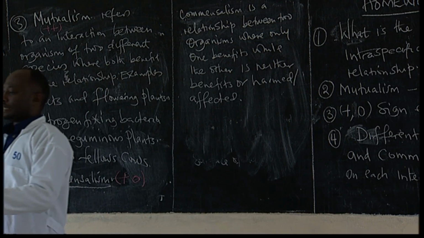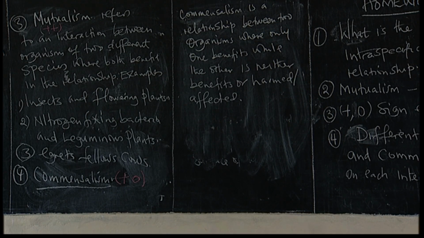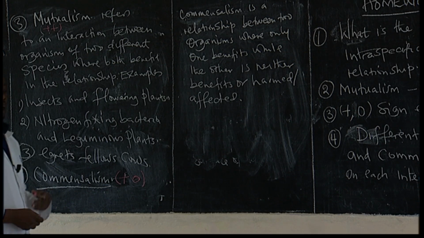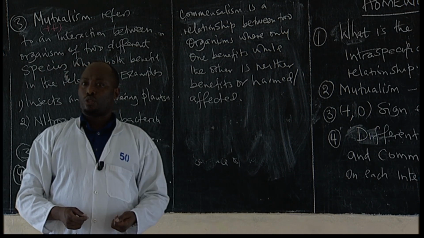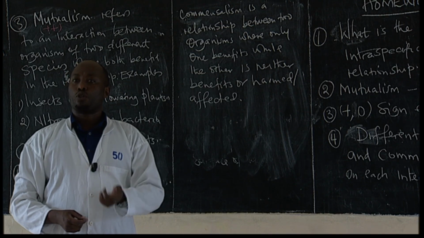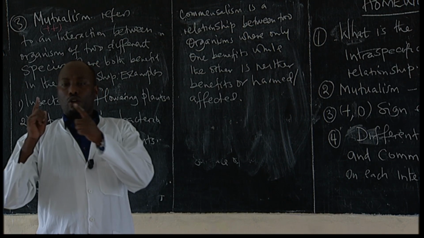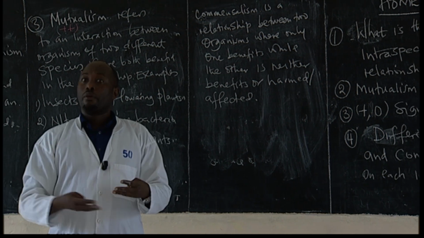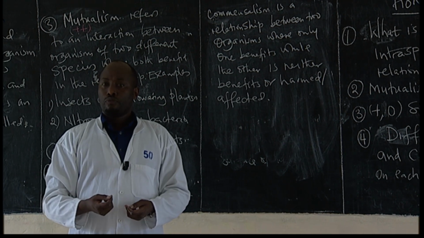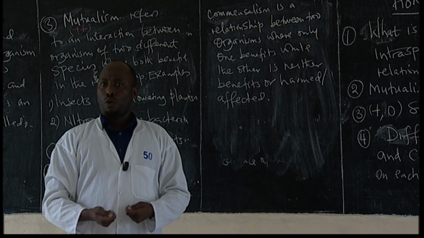Examples: we have some of this kind of relationship where one organism just benefits and the other is neither harmed nor affected. Quickly, I can give examples of commensals. We have some bacteria that we live with in our daily life. These bacteria, we stay with them in our homes.